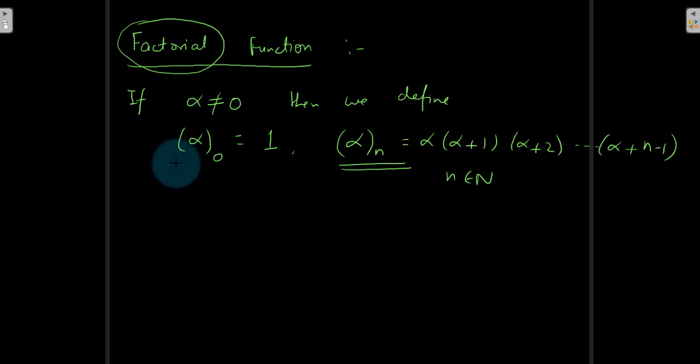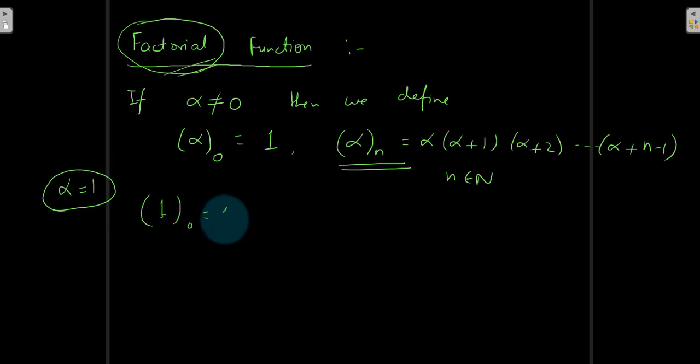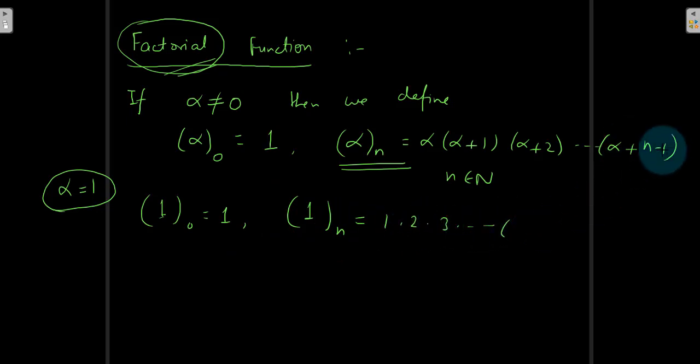Now why do we call it factorial, why do we use the term factorial here? A very simple explanation. If you put alpha equals 1, what do you get? You get 1 0 as 1, and for 1 n you get 1 multiplied by 2 multiplied by 3, and the last term is n. So this is nothing but factorial n.